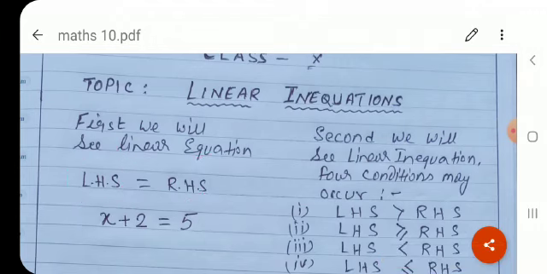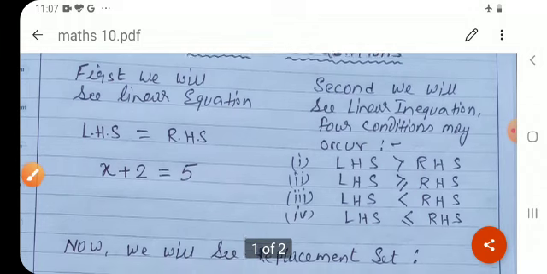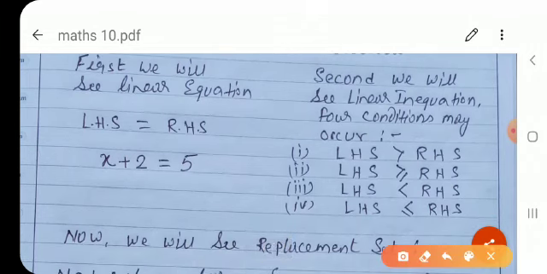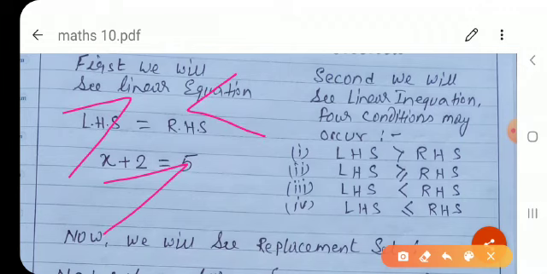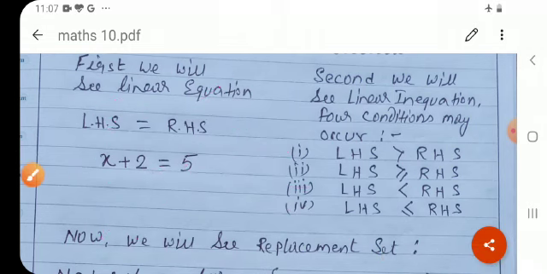But today in class 10 we will learn linear inequation, where only 4 symbols will be there: greater than, less than, greater than or equal to, less than or equal to. These 4 signs are where linear inequation comes.